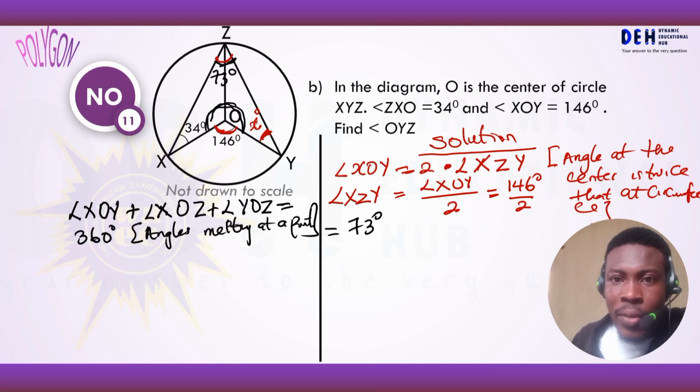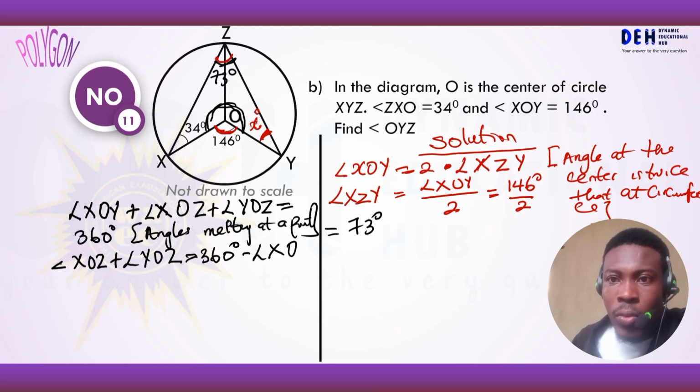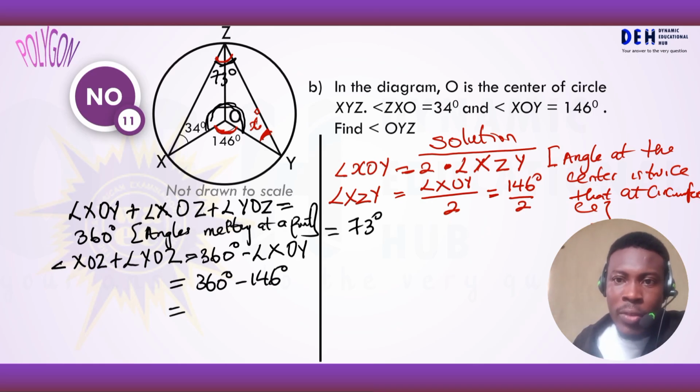So we now have angle XOZ plus angle YOZ equal to 360 degrees minus angle XOY. So obviously 360 degrees minus 146 degrees. When we do this, what are we going to have? We have 4 here, 1 here, then 2 here. So we have 214 degrees.